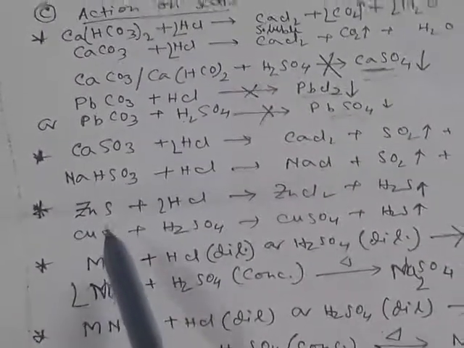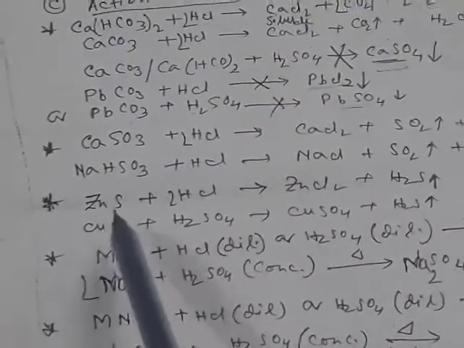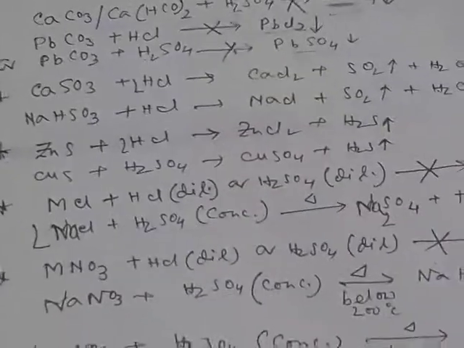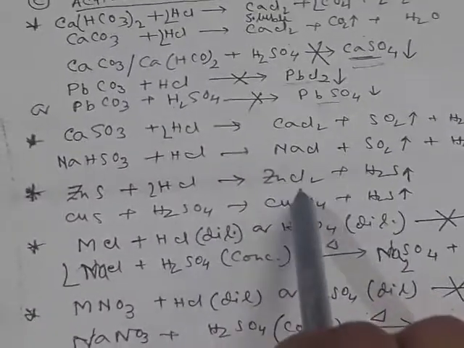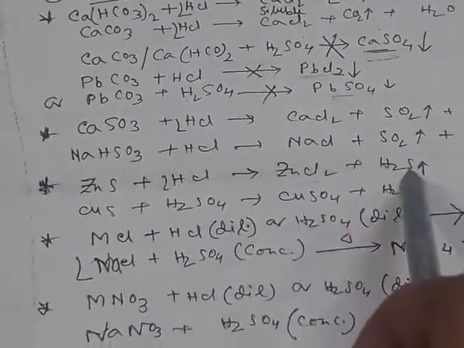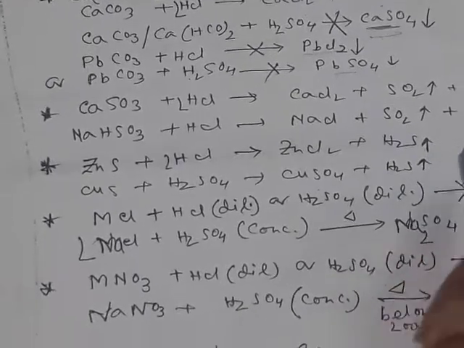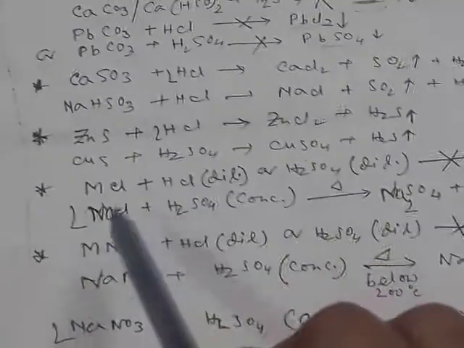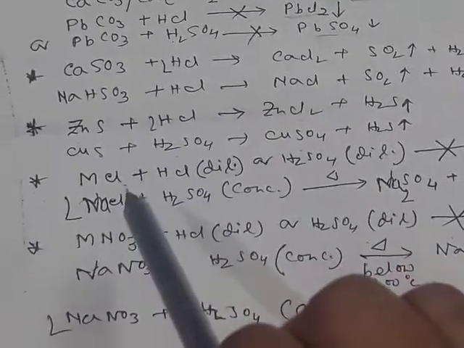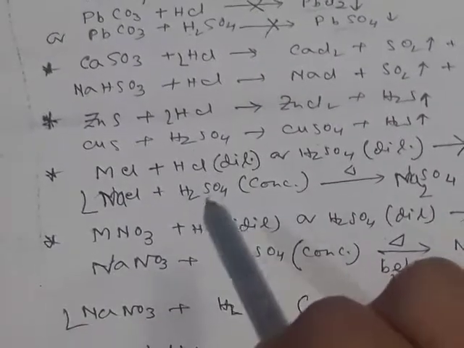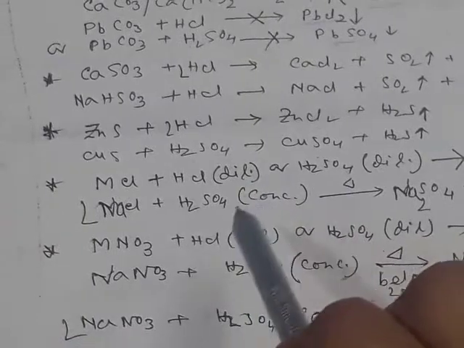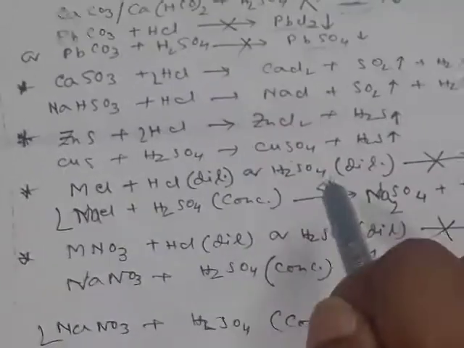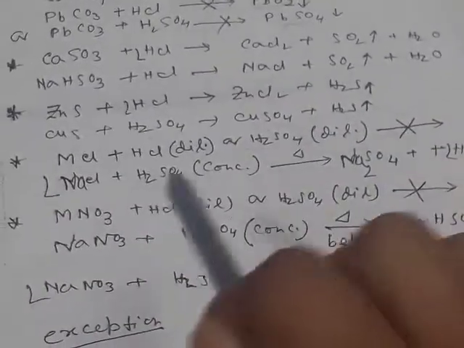Similarly, when sulfide salts, for example zinc sulfide, copper sulfide, react with HCl or H2SO4, there will be formation of the corresponding salt and H2S gas will be evolved. But the chloride salts, any metal chloride, do not react with dilute HCl or dilute H2SO4, there will be no reaction.